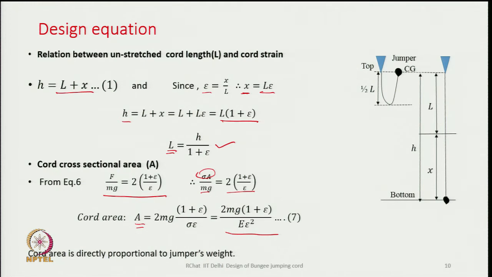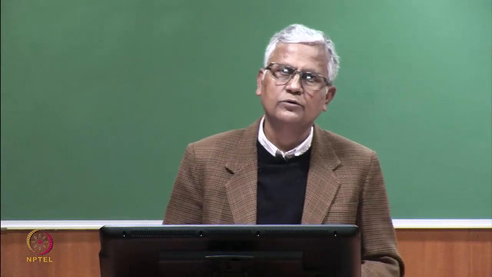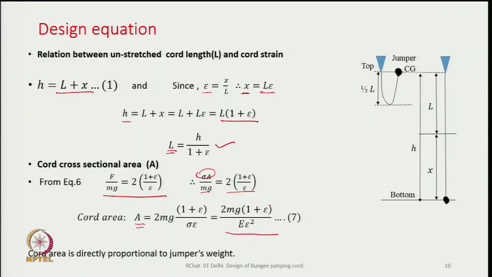So, chord area depends on these parameters, weight or mass of the person, the initial modulus of the chord, and the strain level, how much strain the chord is going to experience. These are the parameters which is going to decide the chord area.